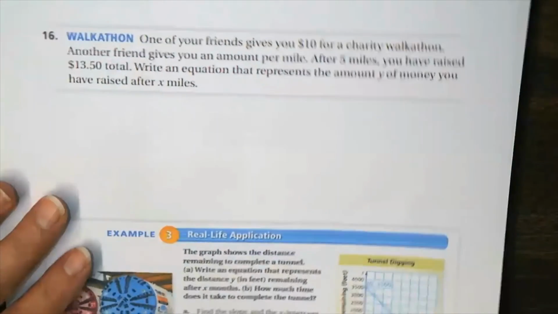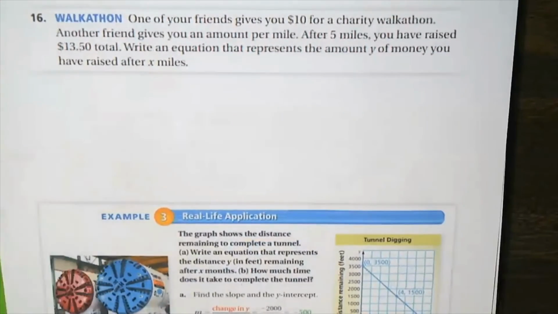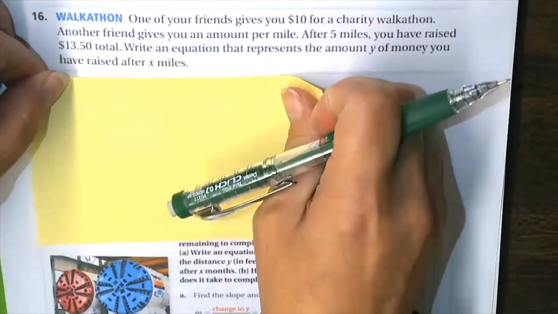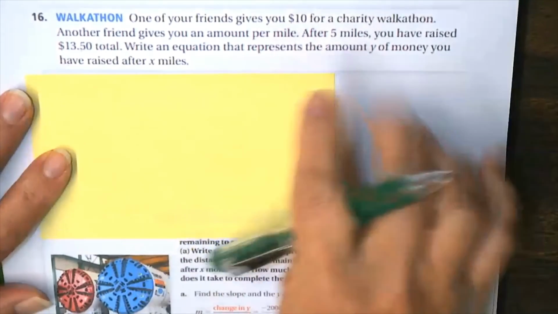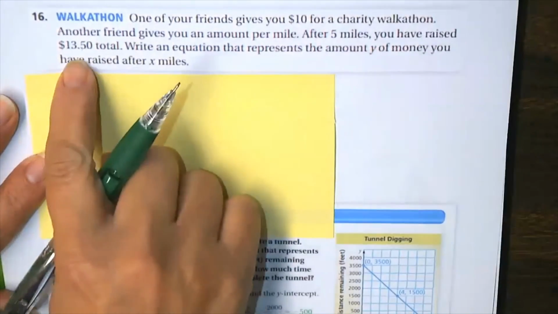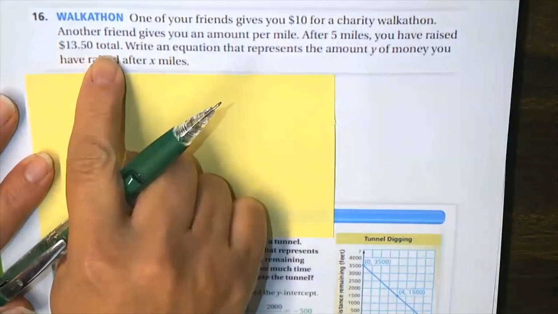Your second one is very similar to what we were doing today. One of your friends gives you $10 for a charity walkathon. Another friend gives you an amount per mile. After 5 miles, you have raised $13.50 total.